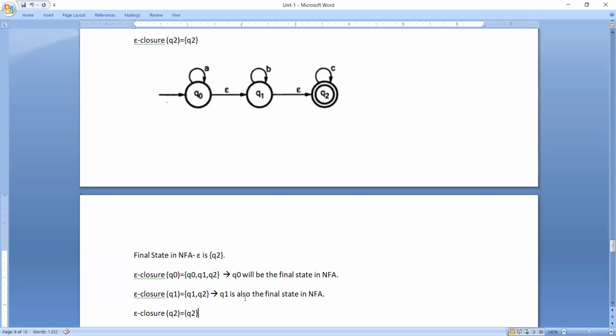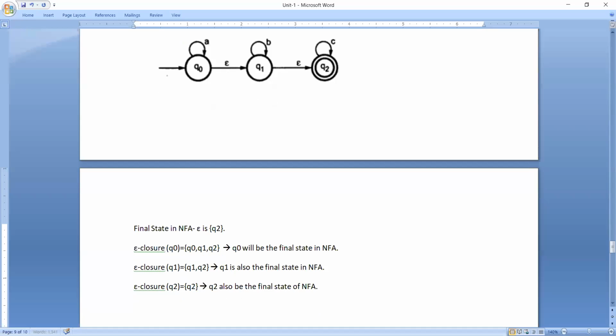Okay. Now the third one. What is the epsilon closure of Q2? The epsilon closure of Q2 will be the same state itself. As you know, Q2 is the final state. So obviously Q2 will also be a final state of NFA.